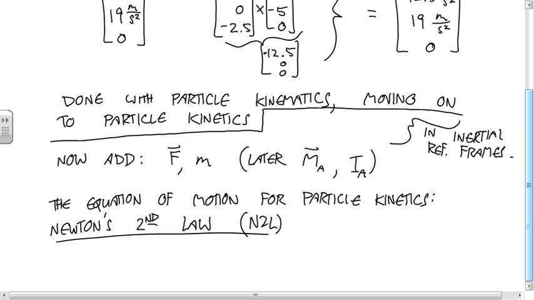And that says that you add up all the forces on an object, and that's equal to the mass of the object times the acceleration of the object's center of mass.